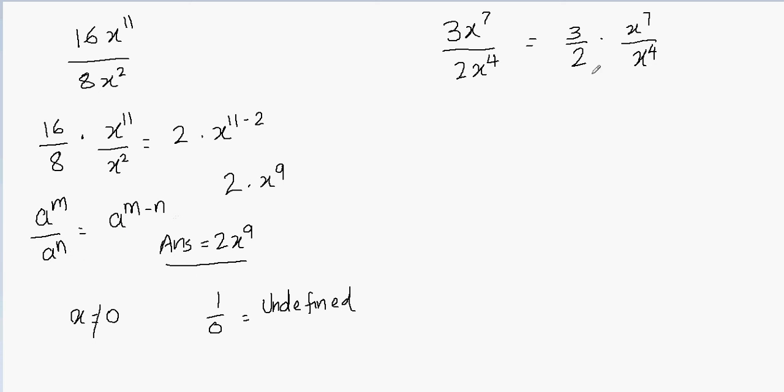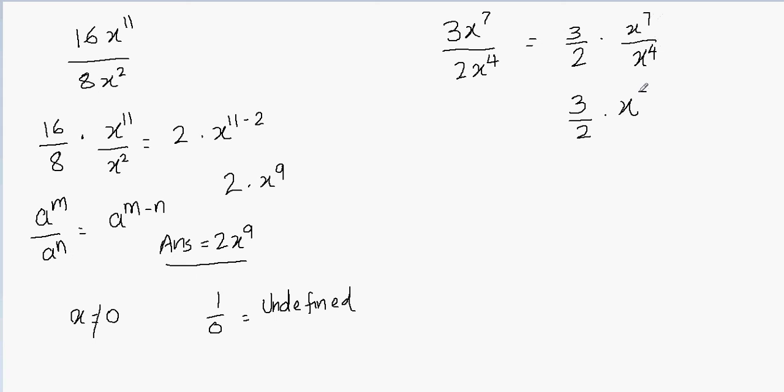So here, I'm going to write 3/2 because this will remain as it is. In place of x to the 7th power over x to the 4th power, I'm going to write my base first. In my case, my base is x. And then you subtract the denominator from the numerator because it's m minus n. My m is 7, my n is 4.